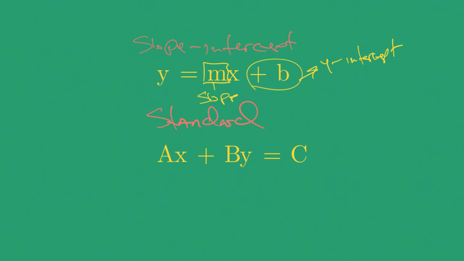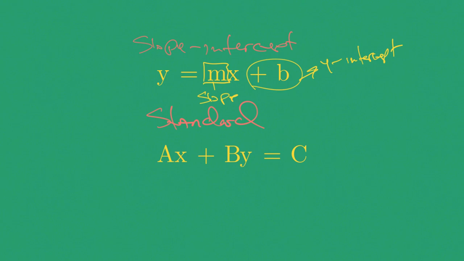Now, that's the nice thing about slope-intercept form. Slope-intercept form is very friendly because it has some useful information in it. I can look at slope-intercept form and say, there's the slope, there's the y-intercept. Standard form, not so much. It's a pretty form. It's clean.